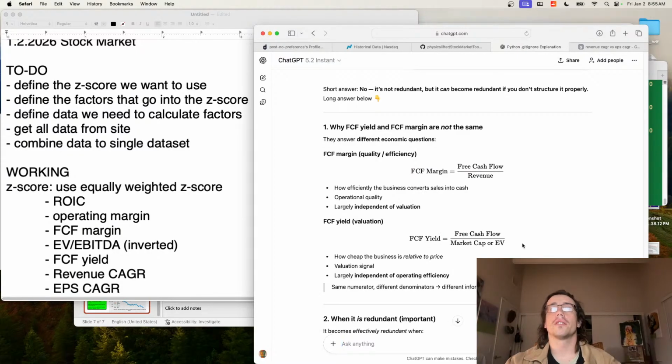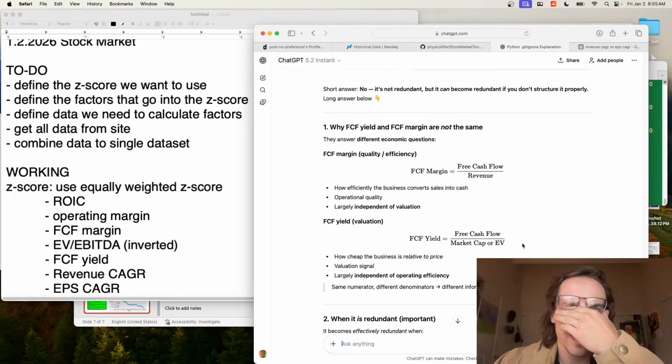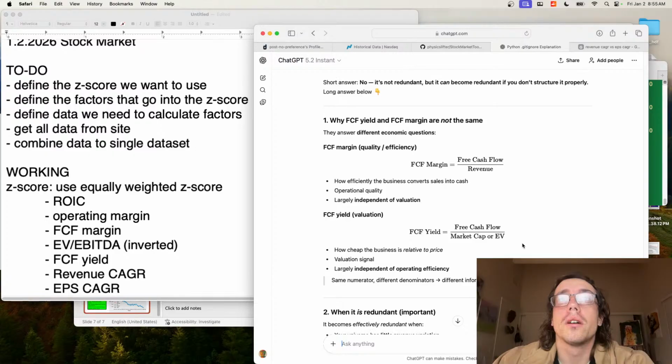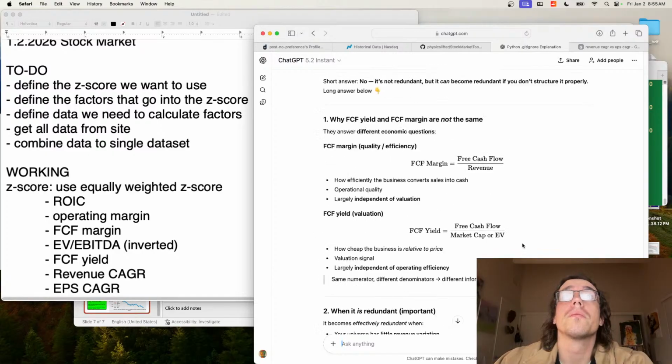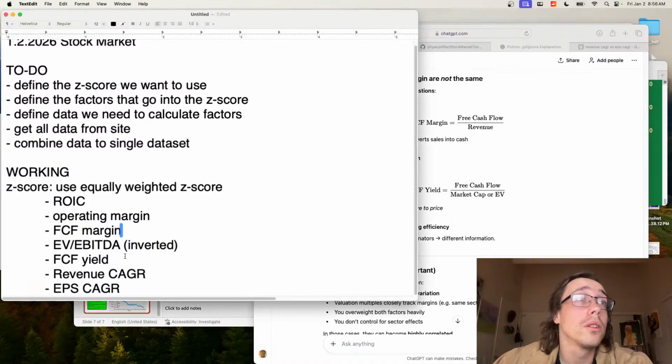FCF margin: how efficiently the business converts sales into cash. FCF yield: same numerator, different denominators, different information. How cheap the business is relative to price. All right, so we want both of those. We want that.